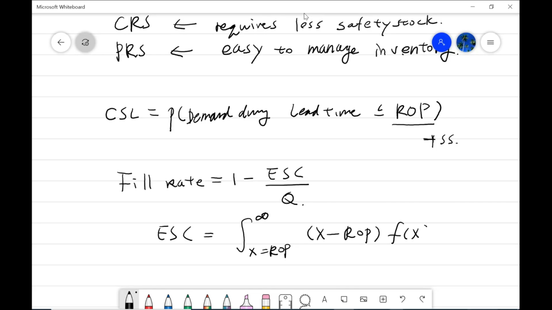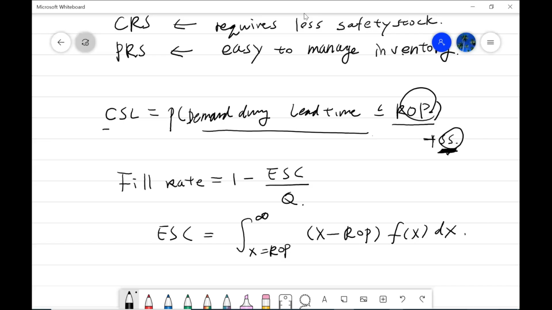Okay. So first of all, if we increase the safety stock, then we will increase both the cycle service level and the fill rate. How come? That is because safety stock is a portion of the reorder point. So if safety stock increases, the reorder point increases, so there is a higher probability that the demand during the lead time is less than the reorder point.